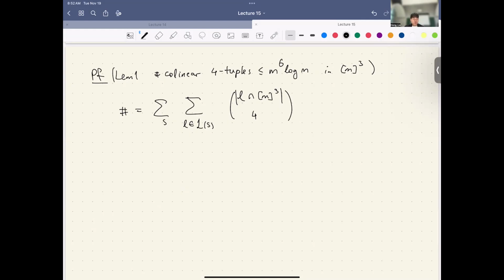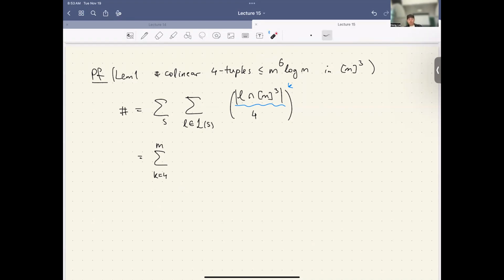So now we further characterize this intersection size by K. If this intersection size is K, then we sum over the intersection size from at least 4 to m. A line can contain at most m points in this cube, right?